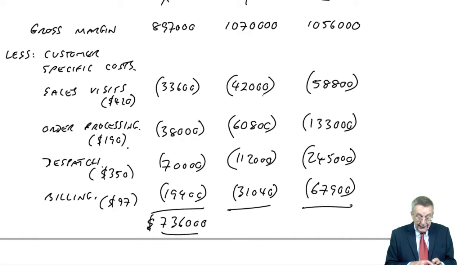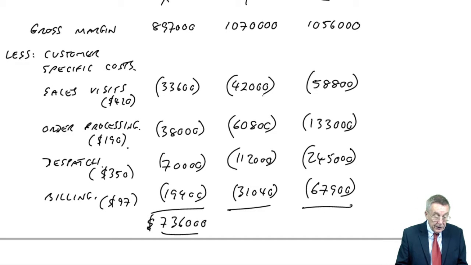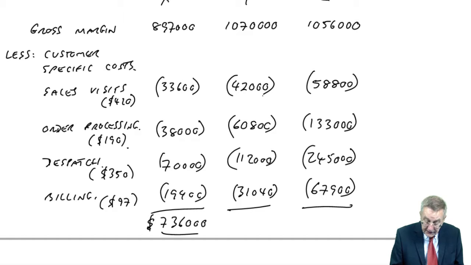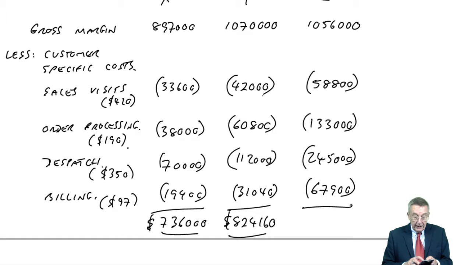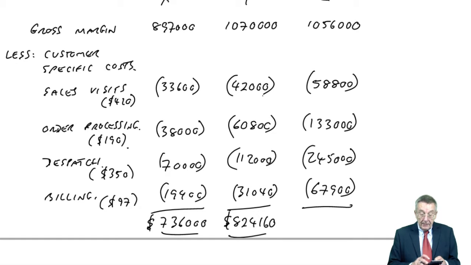To Y, I get 824,160. And finally to Z, 1.056 million, minus 58,800.